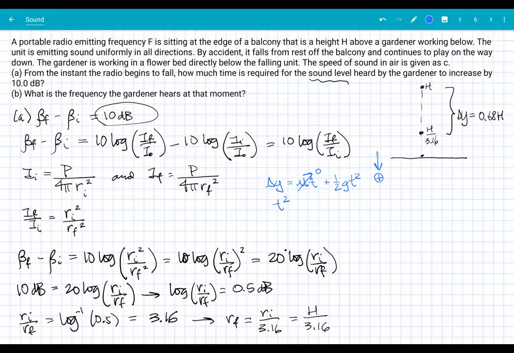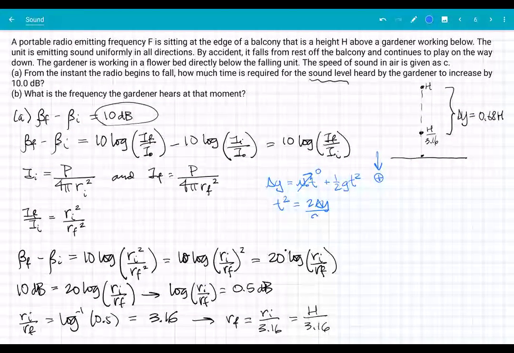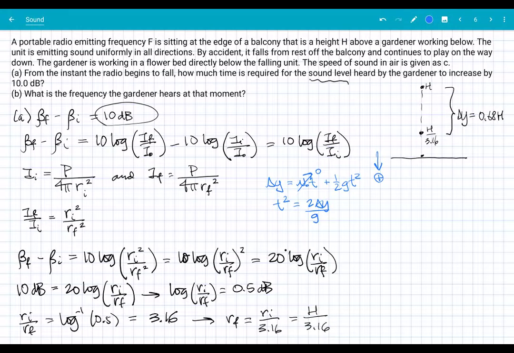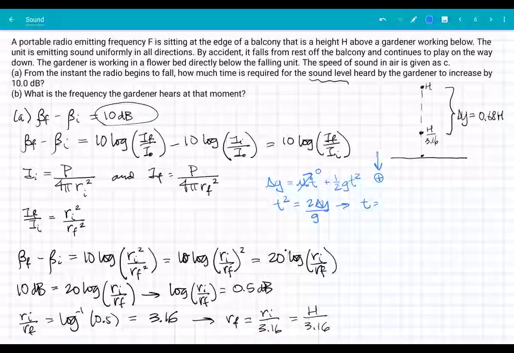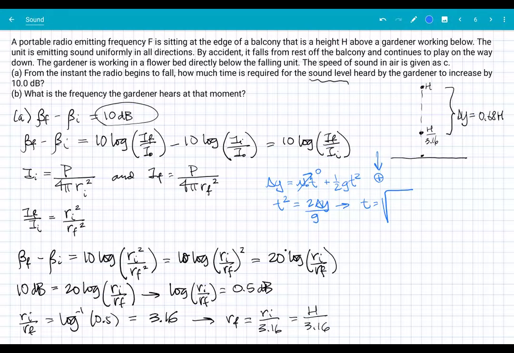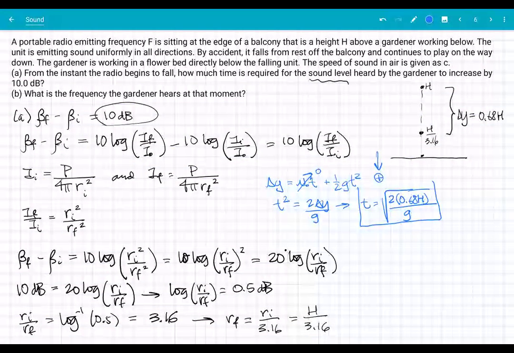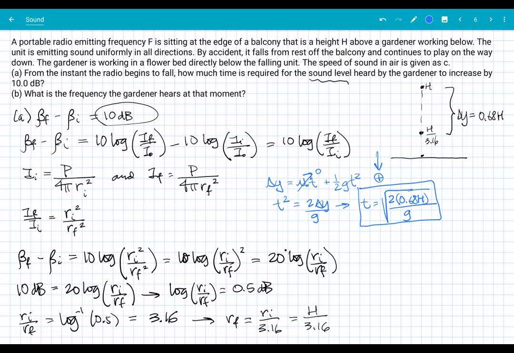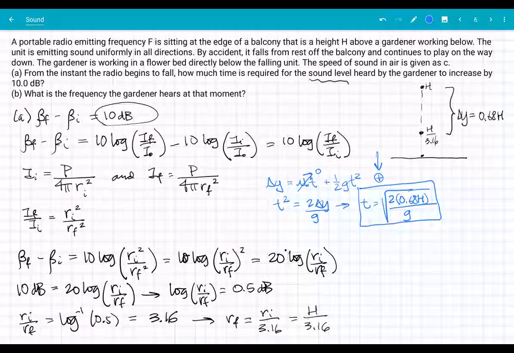So t squared is equal to 2 delta y over g. That gives me t is equal to the square root of 2 times 0.68H over g. And that is the time required for the sound level to increase by 10 decibels.